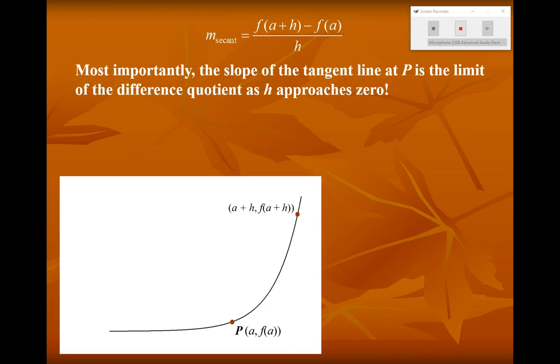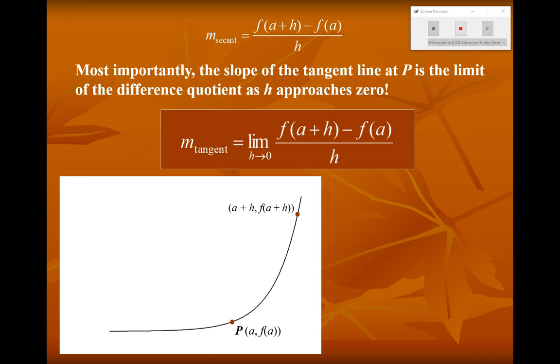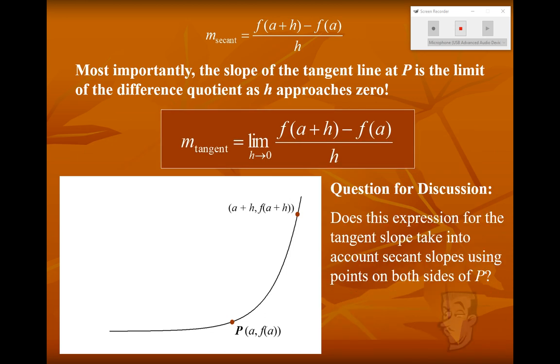Most importantly, the slope of the tangent line at P is the limit of the difference quotient as h approaches 0. We need the animation first. There it goes.